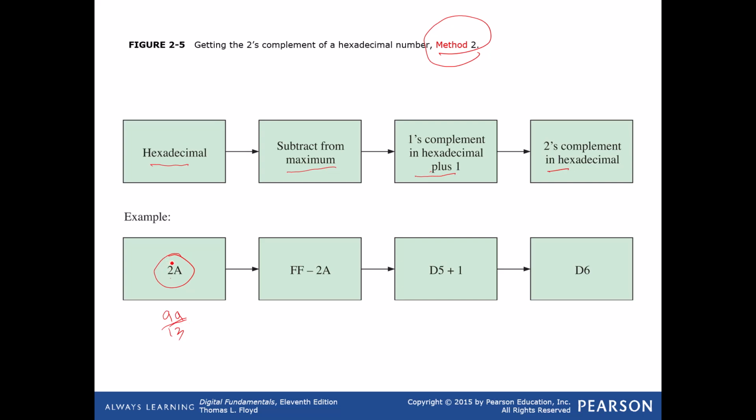So in this case, what is the biggest digit? FF. We subtract, we get D5, and we add 1, and we get the equivalent in the 2's complement. So 2a is the positive, and D6 is negative.